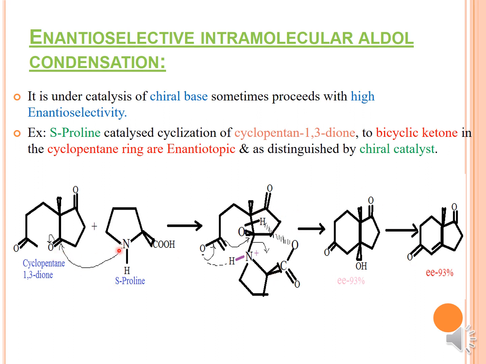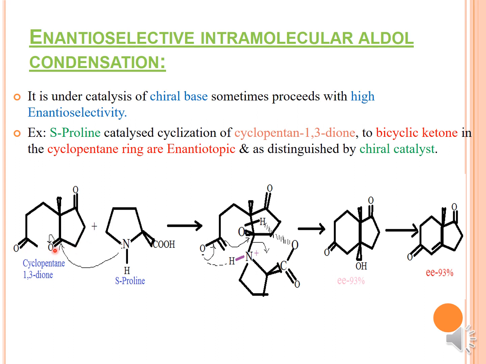In the first step, the nitrogen, which has a lone pair of electrons, will attack the carbonyl carbon of your ketone, the dione, okay? Once it attacks, this bond will shift, making it O minus, and after that there is a formation of this adduct.